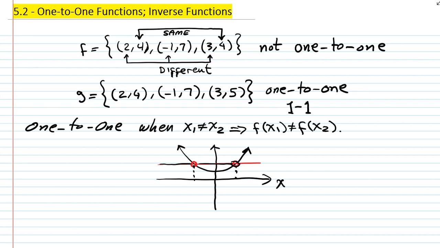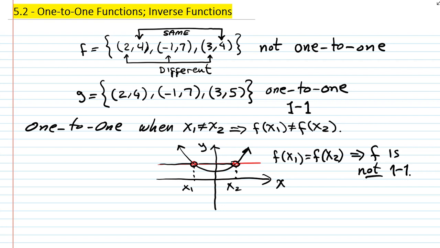Therefore, they have the same y value. So here's a case where x1, x2 are two different x's, but the y's are the same. f at x1 is equal to f at x2, same ordinate or height of the graph. Therefore, f is not one-to-one.